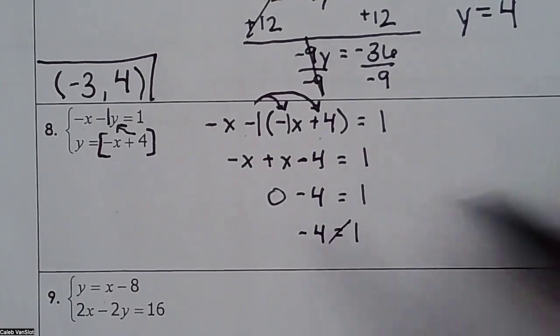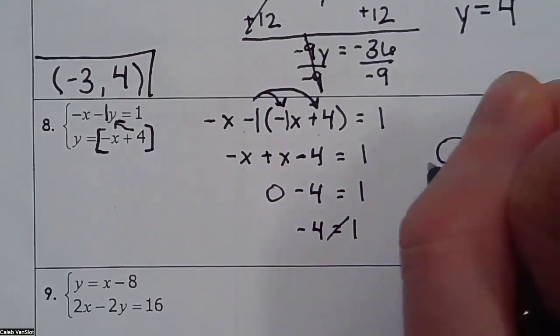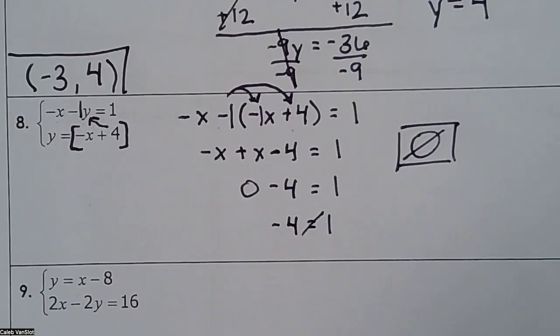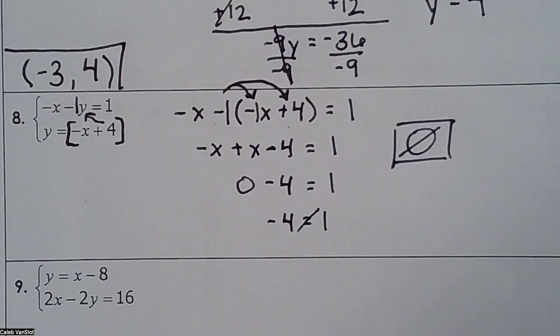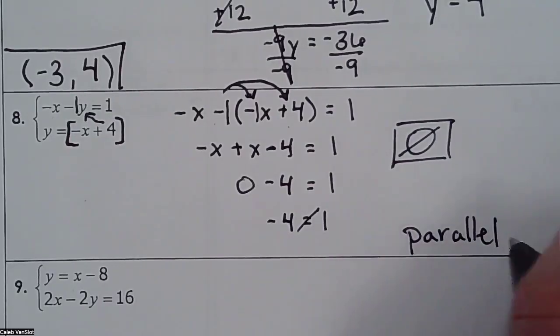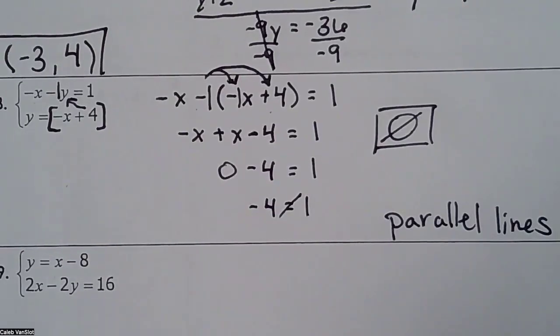Negative 4 does not equal 1. So this is no solution. If this was graphed out, how would it look? What kind of lines are parallel lines, right? Yeah. So these would be parallel lines, if we were to actually graph them out.